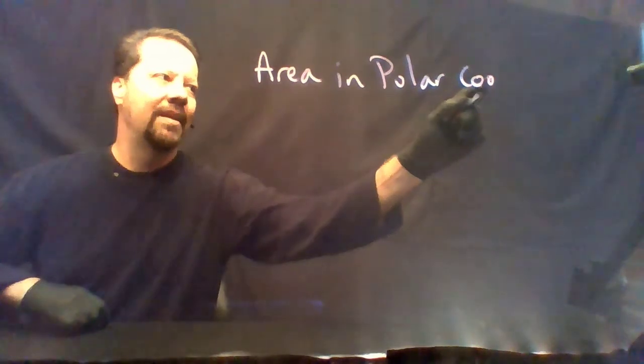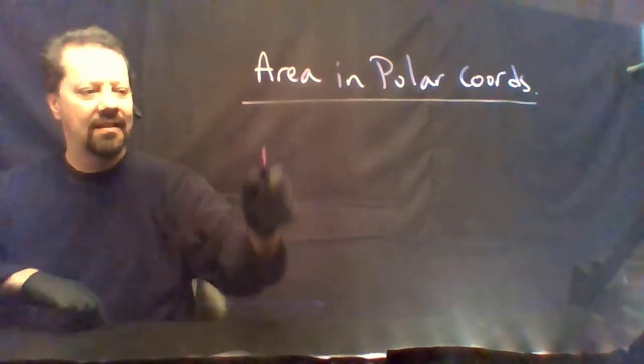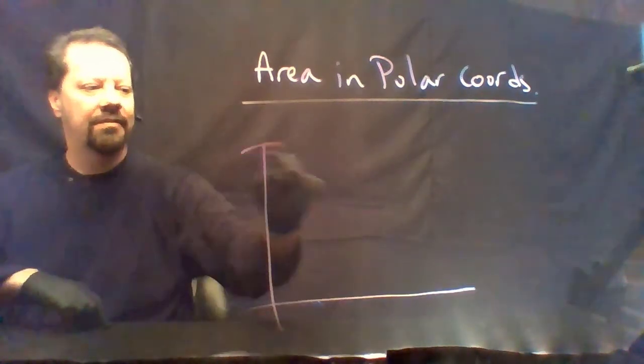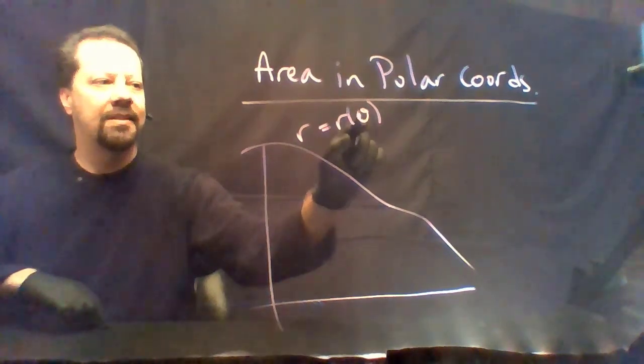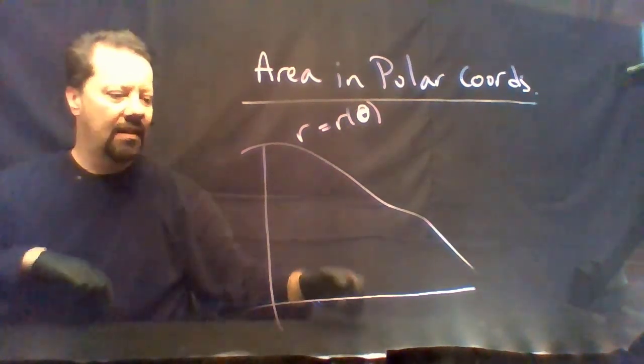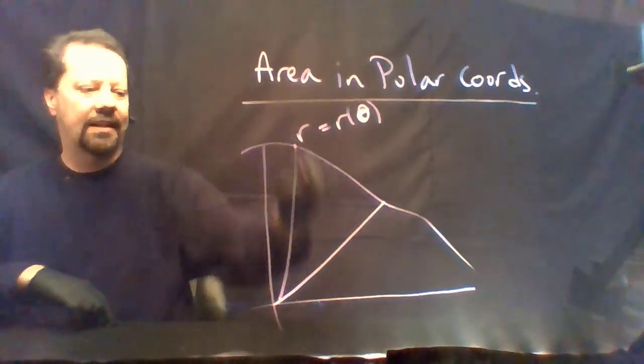We're next going to discuss area in polar coordinates. Suppose we have some curve given as some function of theta, and we would like to know the area of some sector.